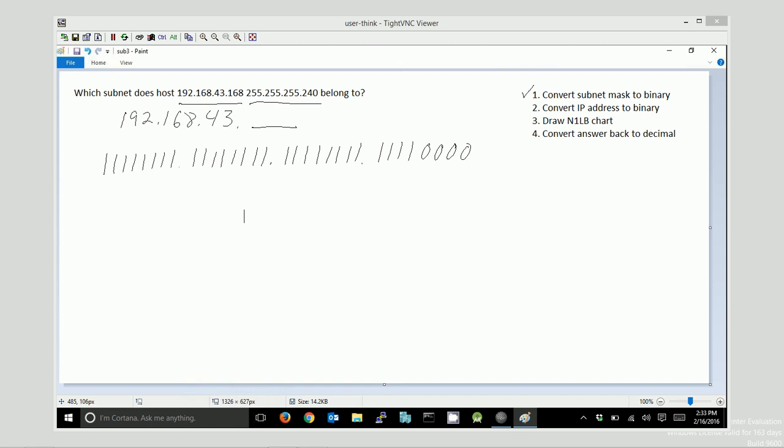What I like to do next is take this and draw a line right through the split between the networks and the hosts. This portion represents the hosts, and this represents the networks.